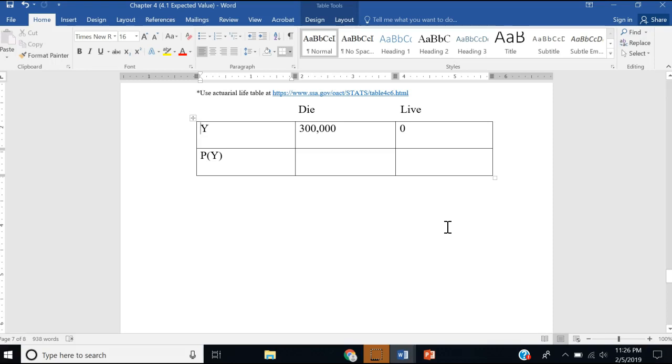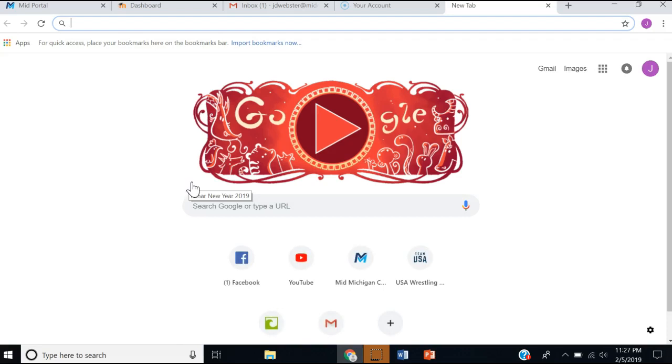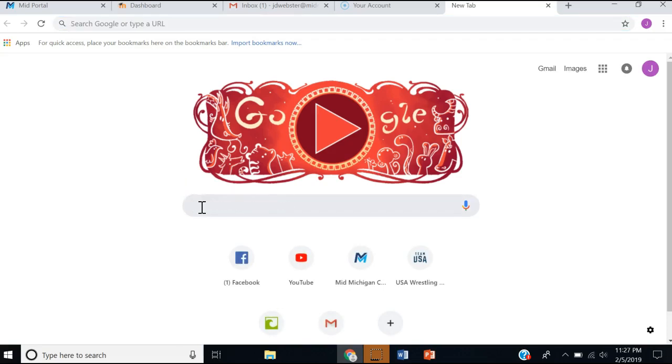And they'll use empirical probabilities to determine the probability that that person lives through the year or dies within the year. Now, we don't have access to the insurance company's records, and most of those probabilities are pretty specific.